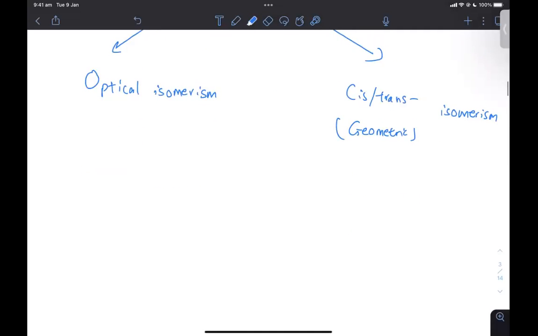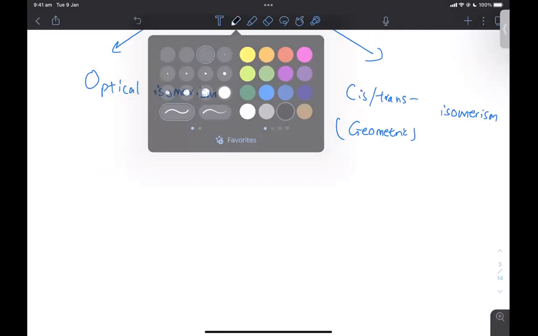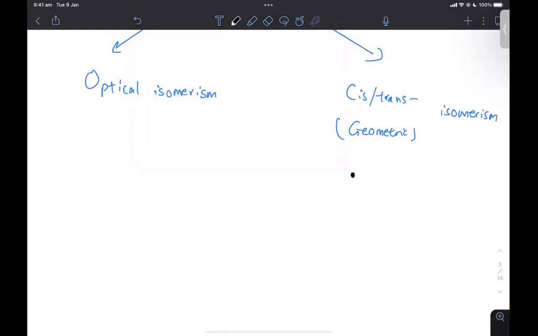Now, the main requirement for cis and trans, a lot of you would know this. What is the requirement for cis and trans? Isa, are you there? Yes. What are the requirements? When do you have cis and trans? Different functional group. Nope.